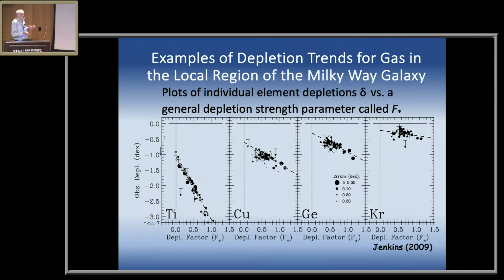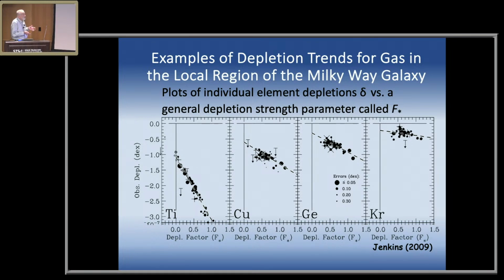Okay, elements seem to deplete in lockstep with each other. I show at the bottom here on the x-axis what I call a depletion factor. That's the severity of the depletion along any particular line of sight.